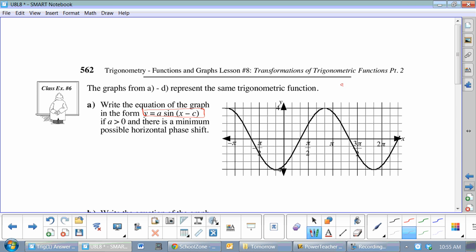Sine x, remember, it starts at 0, it goes to 1, you can see by their increments here. It goes through there, then it goes through there, and up, okay? Now this is sine x.